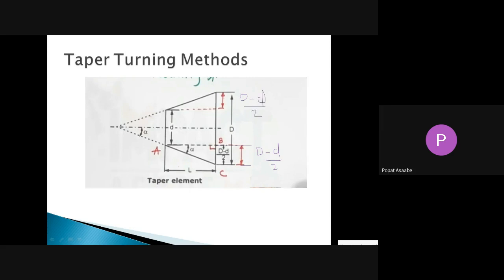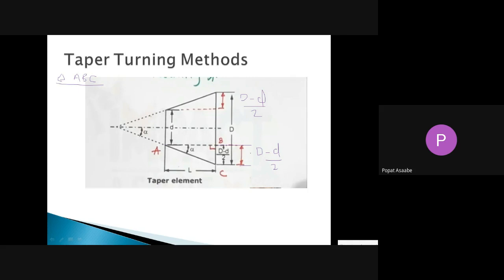And our total distance is capital D. Now suppose I want to calculate this alpha, then how to calculate? Simple. You have to consider this triangle ABC.